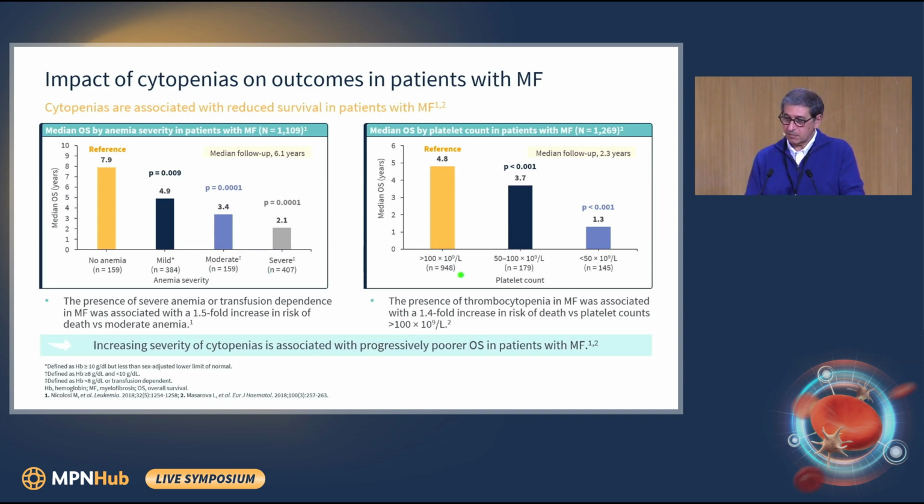And the presence of thrombocytopenia is associated similarly with a 1.4-fold increase in the risk of death compared to patients with platelet counts above 100,000. So not only the presence, but also the severity of this cytopenia, anemia, and thrombocytopenia is associated with progressively poorer overall survival in patients with MF.